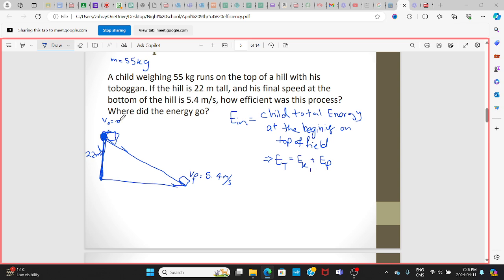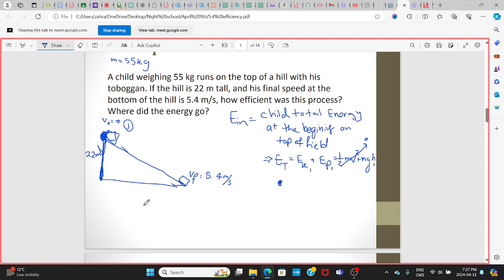I call it point 1, which is half mv squared plus mgh. I know velocity was 0, so it just possessed potential energy. I call the height h1. Let's just keep it like that. Total energy at the beginning would be your input.